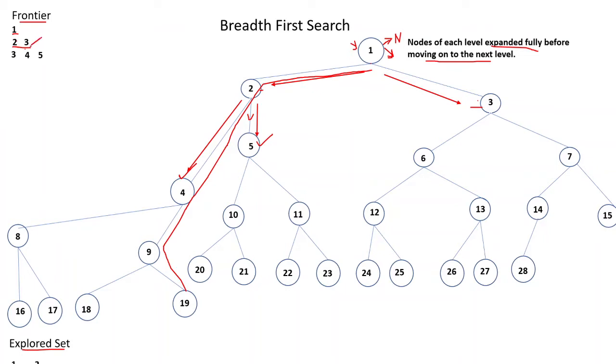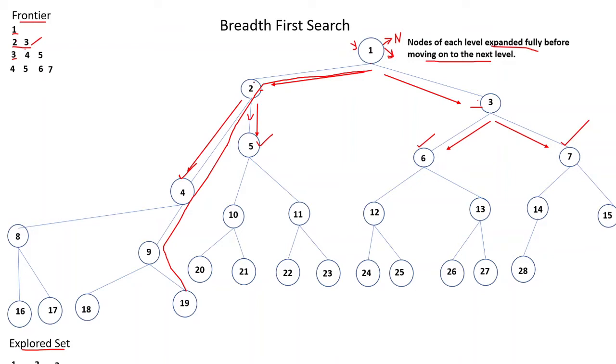That is because we will next be exploring node number 3. Now we take up node number 3, and we have two successors of node number 3, that is node number 6 and node number 7. So these are added to the frontier after 4 and 5, and 3 is moved on to the explored set.